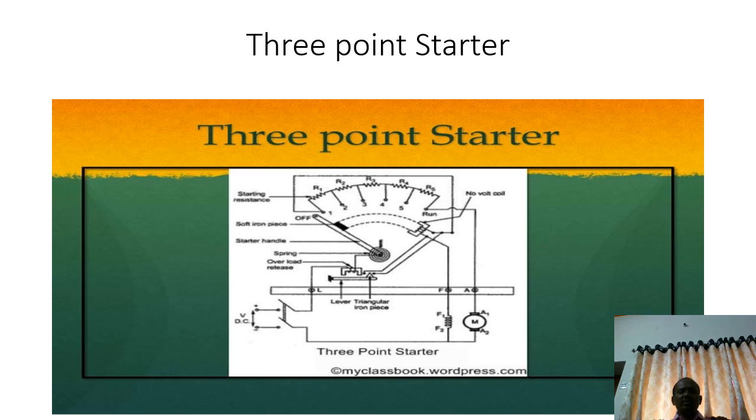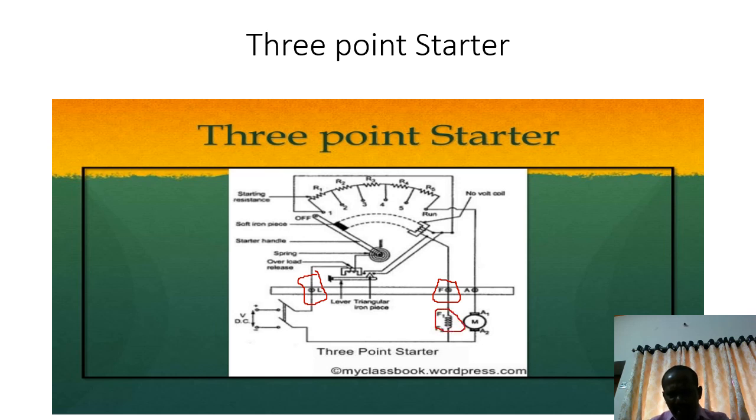You know that there are 3 points we are observing here. This is the L terminal, which is connected to the positive of the supply. This is the F terminal, which is connected to the field winding, F1 and F2.